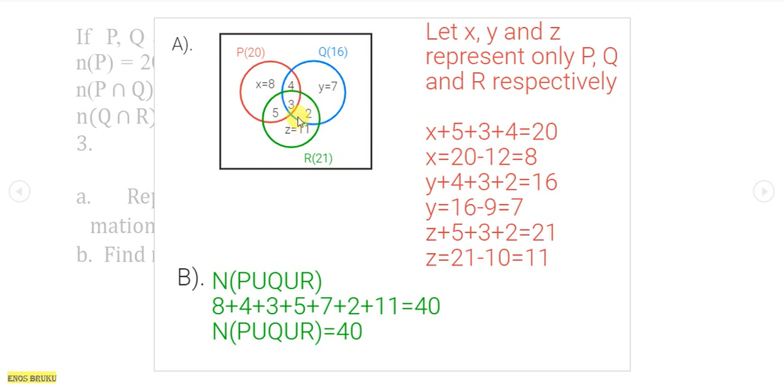That means you are adding some of the numbers twice, which will make your answer wrong. So every number must be added only once. So 8, 4, 3, 5, 7, 2, and 11, you put them all together. 8 plus 4 plus 3 plus 5 plus 7 plus 2 plus 11 will give you 40. So therefore the union of P, Q and R is equal to 40.